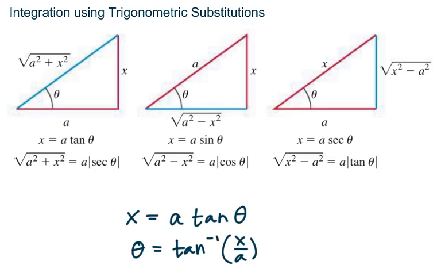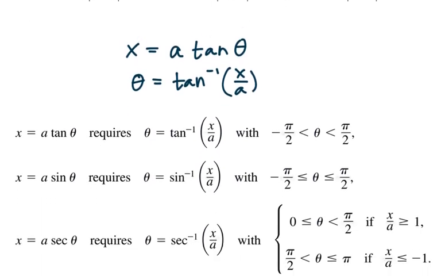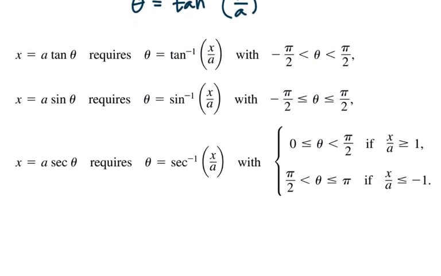And hopefully you all remember from your trig classes that these inverse functions, in order to make them functions, we create restrictions on the domain and the range. So I'm going to pull a picture in here. So what we know is that depending on the substitution for x that we use, we might end up with that inverse function.